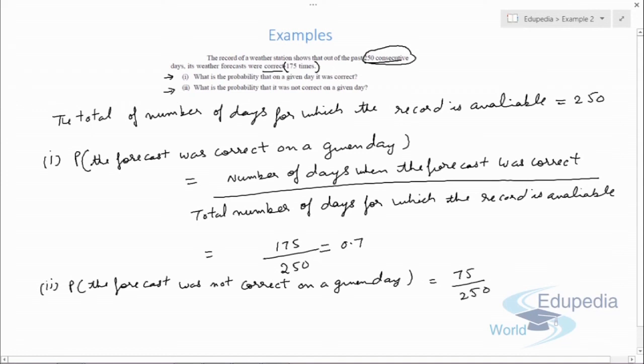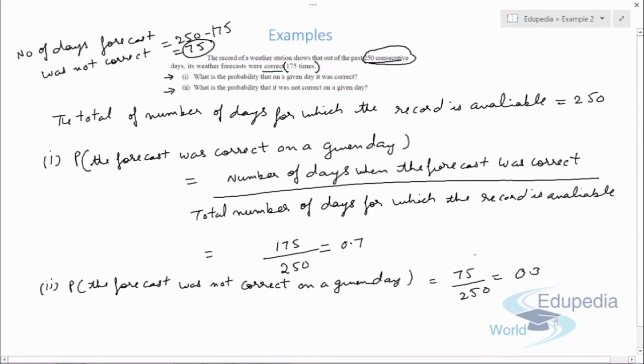It is given that 175 times the forecast was correct, so the number of days the forecast was not correct is 250 minus 175, which is 75 days. So the probability that the forecast was not correct on a given day is 75 upon 250. When you divide it, it comes out to be 0.3.